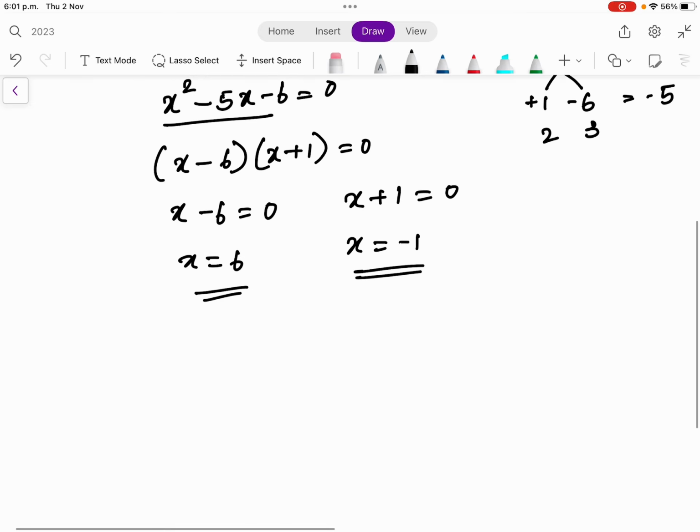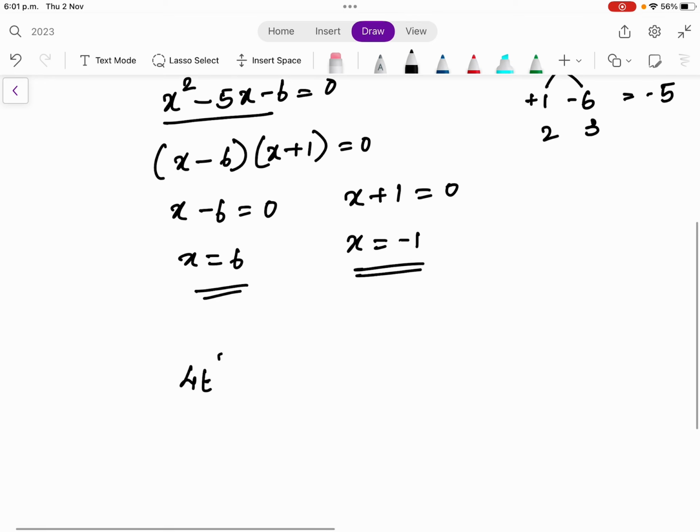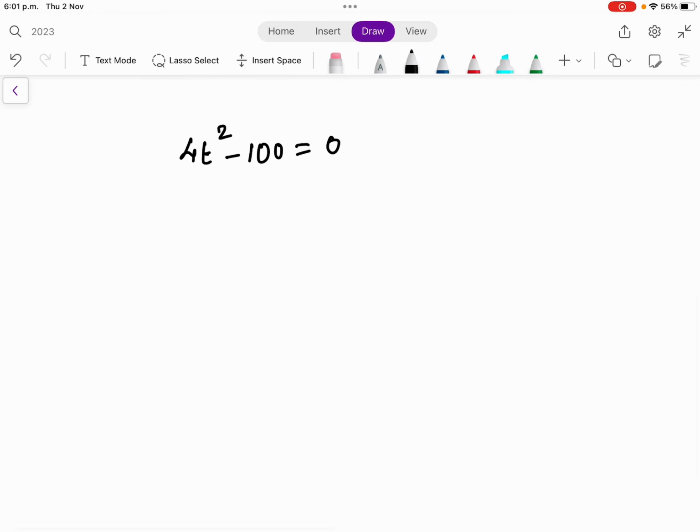Now if you have another equation like 4t square minus 100 is equal to 0, this is also a quadratic equation because the highest power is 2. In this case, 4t square is equal to 100, so I just bring the 100 to that side. Then t square is equal to 100 divided by 4, which is equal to 25.